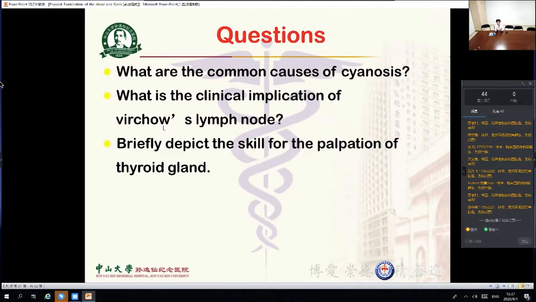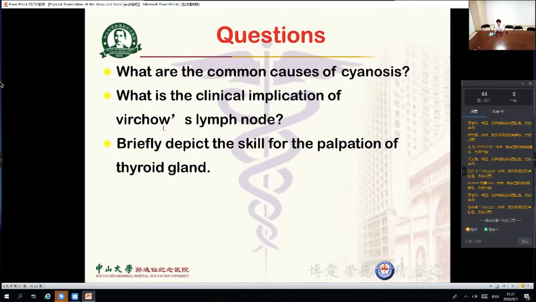If you stand behind the patient, you use your 2 thumbs behind the sternocleidomastoid muscle, and then push the muscle towards the front side, and then use the other 2 to 3 fingers, your index finger, middle finger, to palpate the lateral lobes of the thyroid gland, and ask the patient to do the motion of swallow.